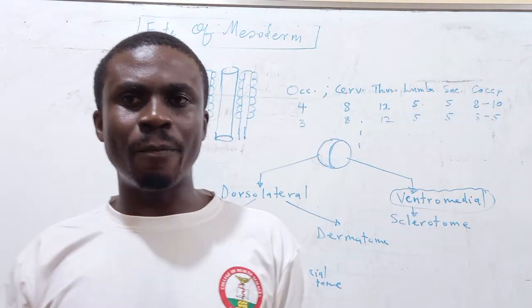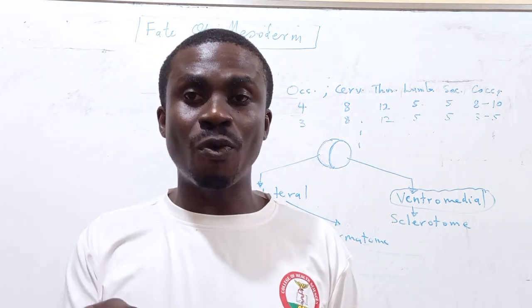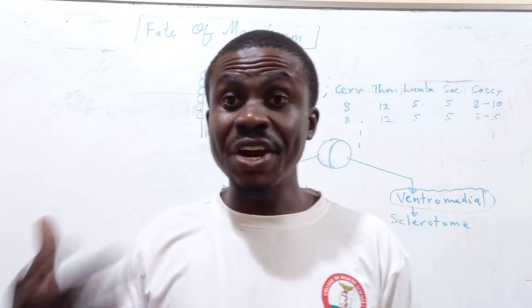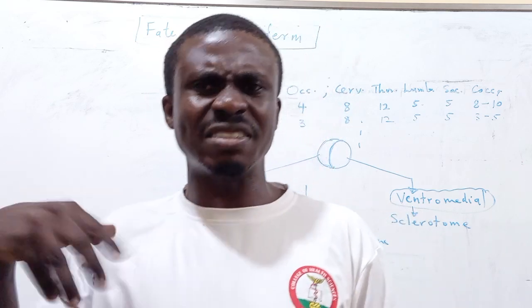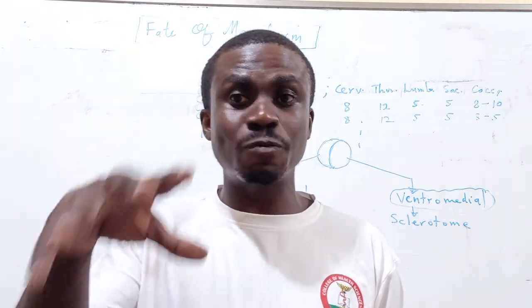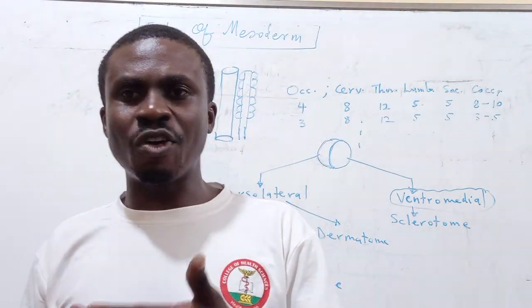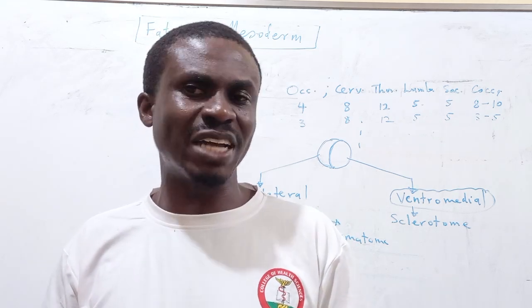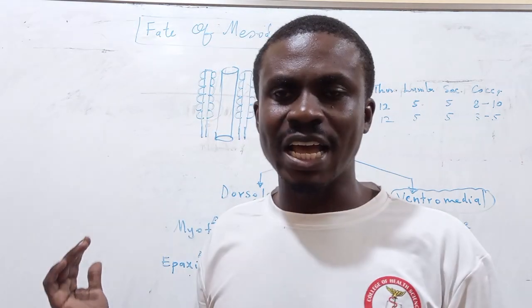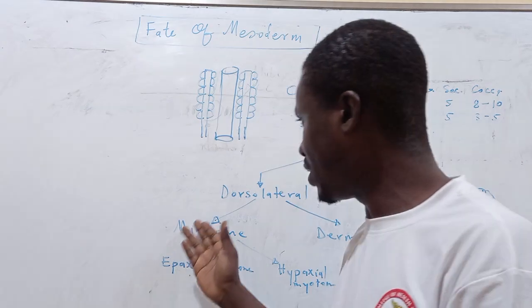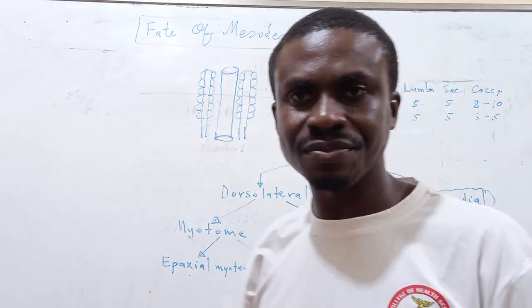My friends, the epithelial myotome will be very important in forming those muscles of the back. Essentially, I am talking about erector spinae. So there's that kind of muscle which helps in erection of the spine, the erector spinae muscle, coming from this epithelial myotome. It's at the back. Of course, we said dorsolateral, back.